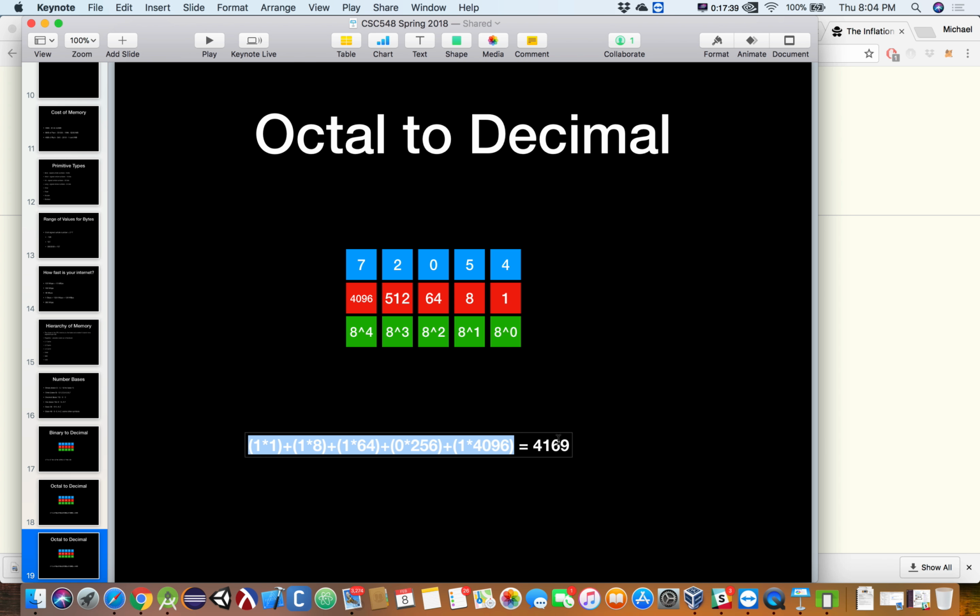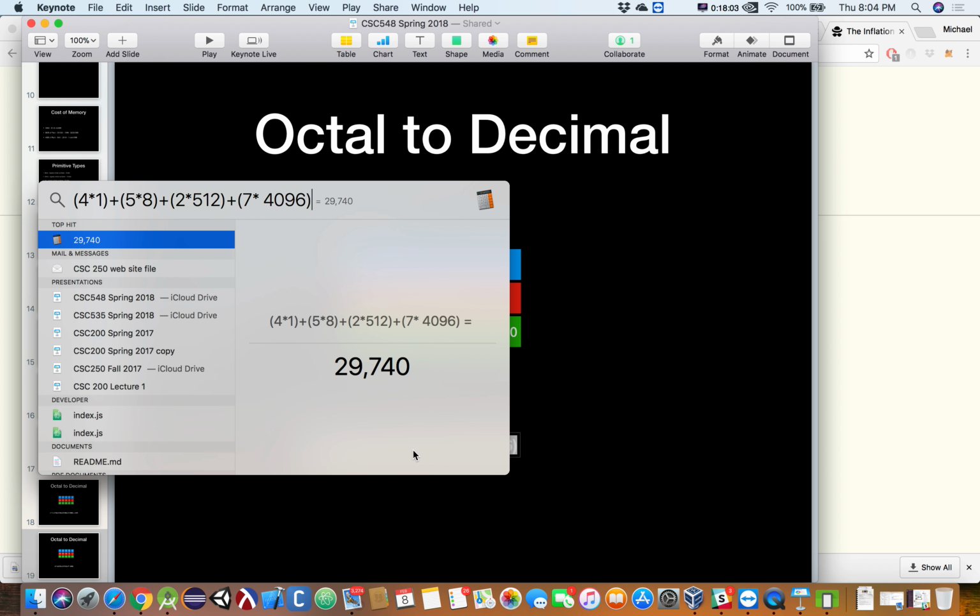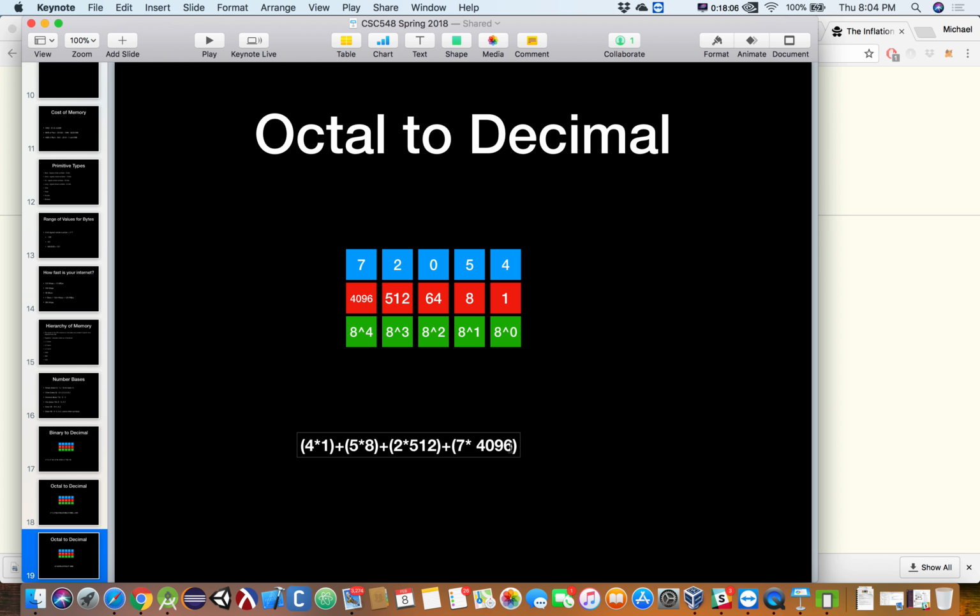So just for completeness, let's write that. 4 times 1 plus 5 times 8 plus, we don't need the 0 times 64, because that'll be 0, 2 times 512 plus 7 times 4096. That's 29,740. Make sense?